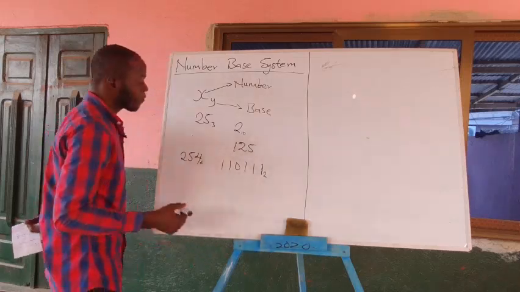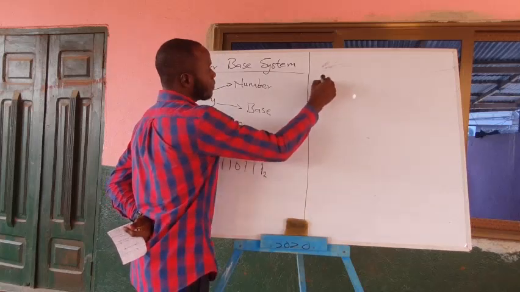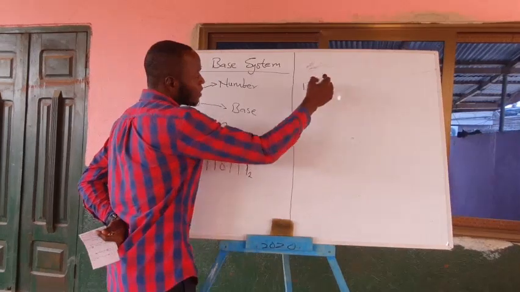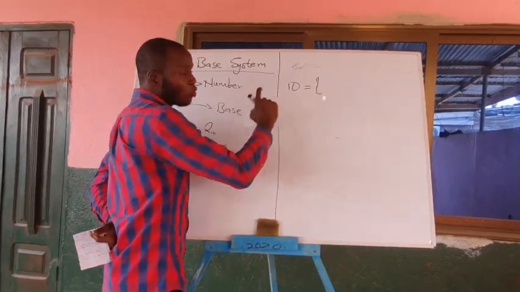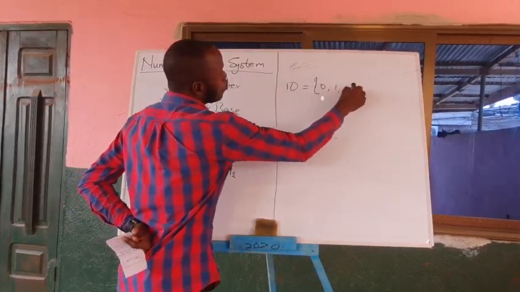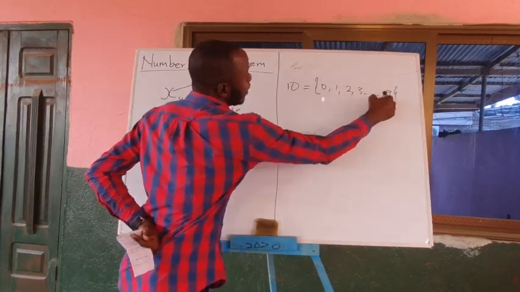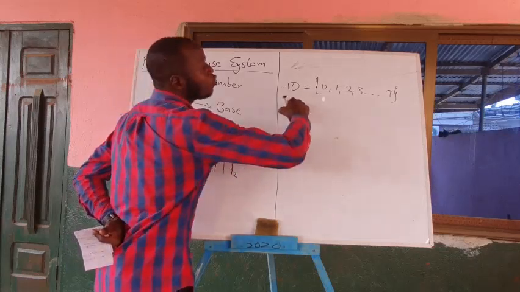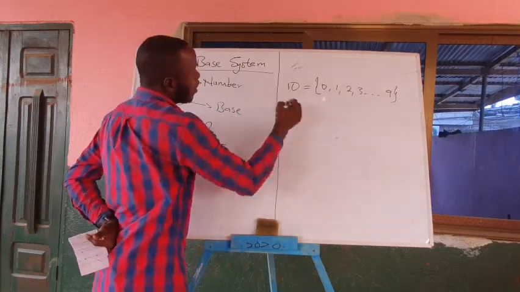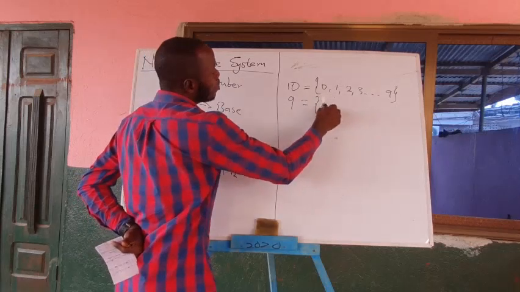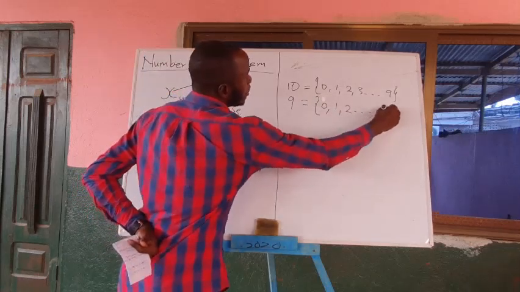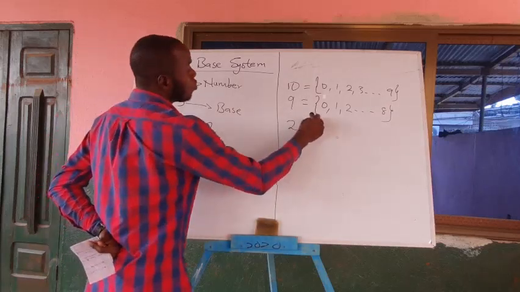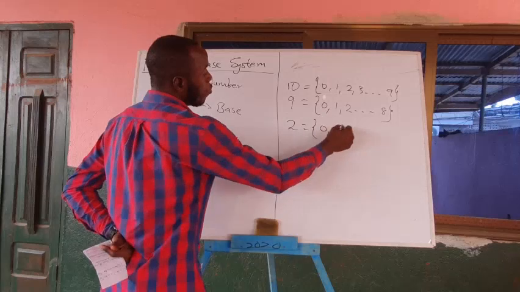Let's say you have a number in base 10. The digits that can occupy that number run from 0, 1, 2, 3 till 9. 9 will be the highest value. If it is in base 9, you could start from 0, 1, 2, and the highest will be 8. In the same way, if it is in base 2, the digits will be 0 and 1.